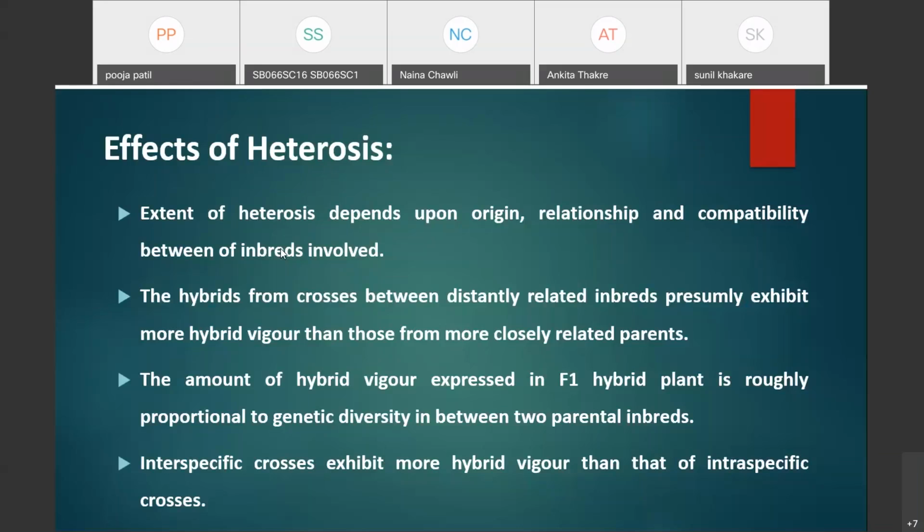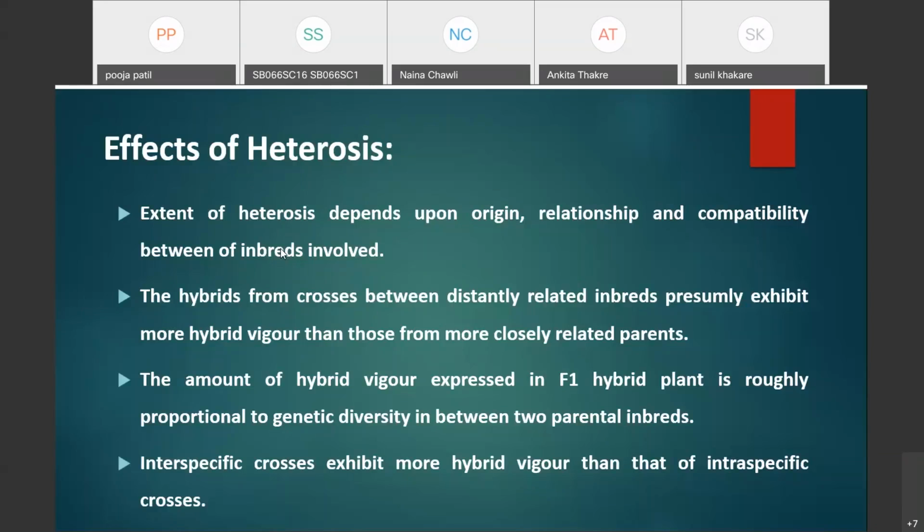That is, the phenomenon of heterosis can be best explained with an example from our Hindu religion.